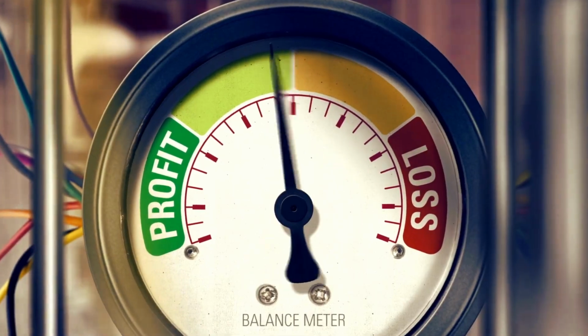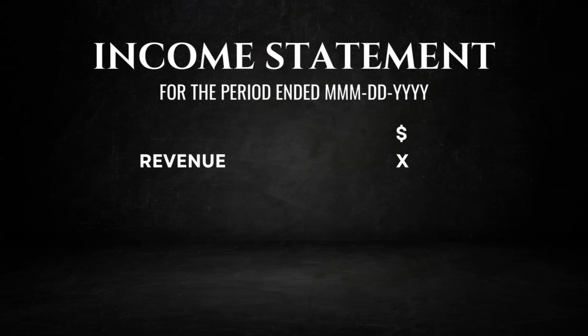Now let's take a closer look at the structure of an income statement. It all begins with the glorious total revenue earned by the business. This is the sum of money generated from sales, services rendered, or any other income sources. From this mighty revenue figure, we deduct the expenses incurred during the period, such as cost of production, salaries, rent, marketing, and all those financial dragons that businesses must face.